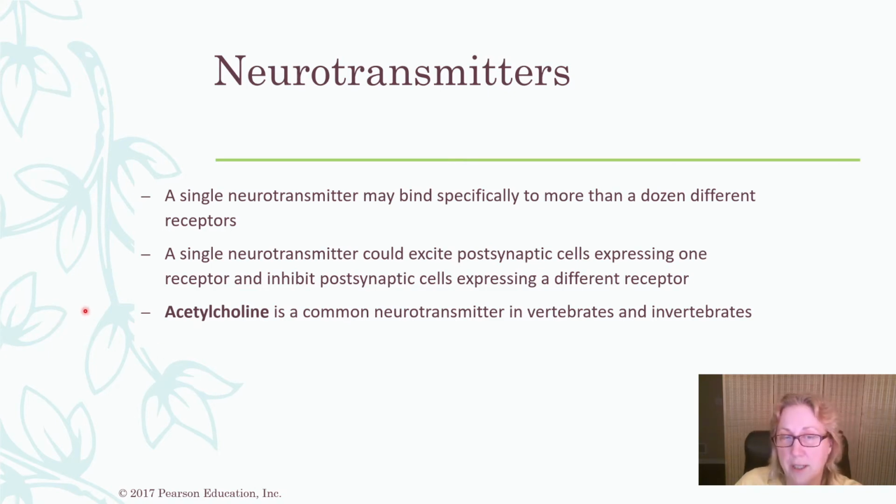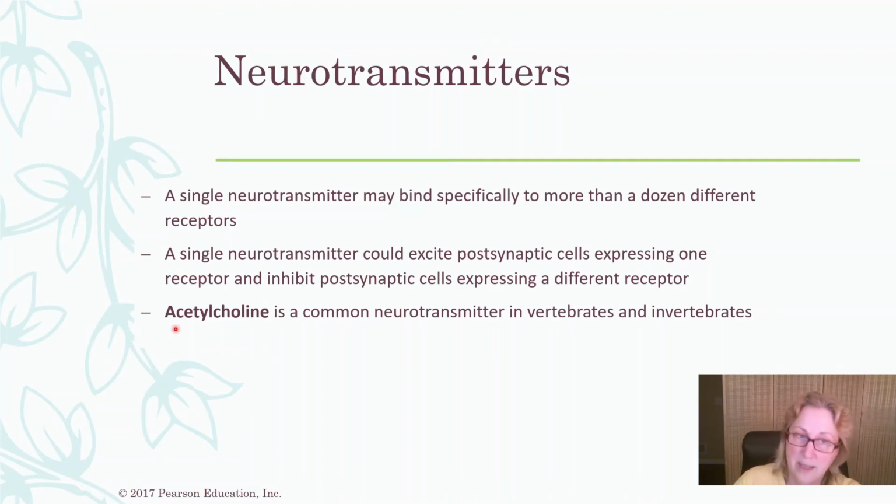We talked a little bit about one particular neurotransmitter, acetylcholine. This is the neurotransmitter that's used by our motor neurons to signal muscle cells, and it's used in a few other places as well. There are different receptors for the same neurotransmitter that have a different effect.